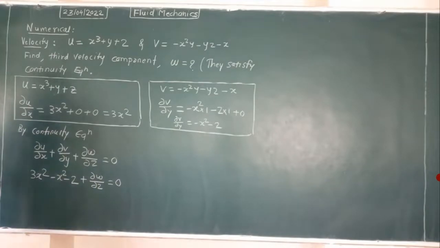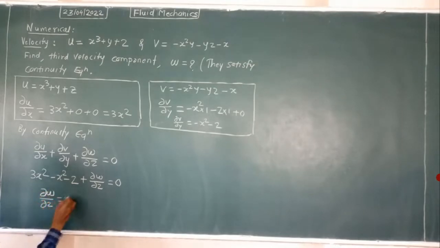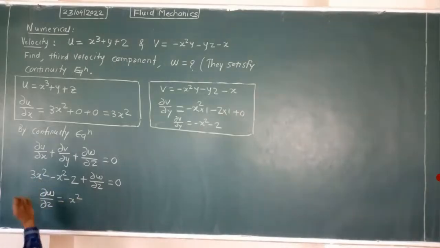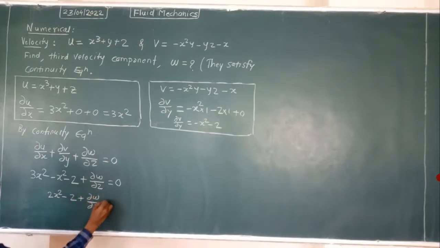So here, what will dou w by dou z be? Before that, you can do one more step: 3x square minus x square is 2x square. So 2x square minus z plus dou w by dou z is equal to 0.